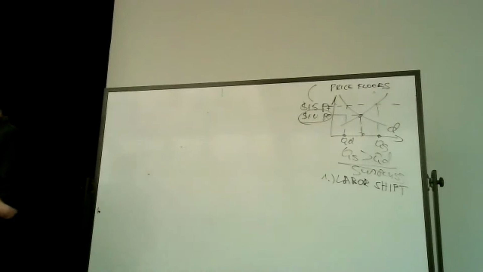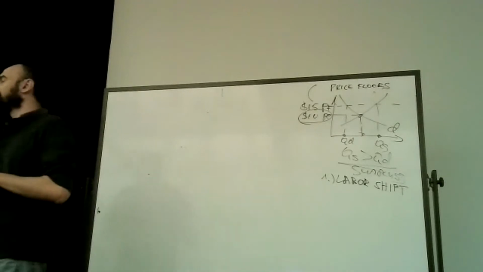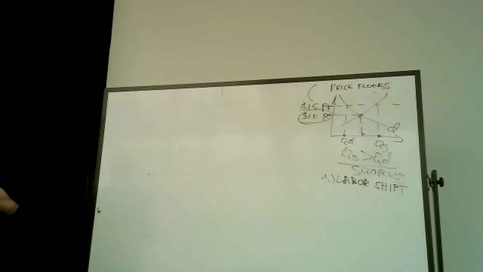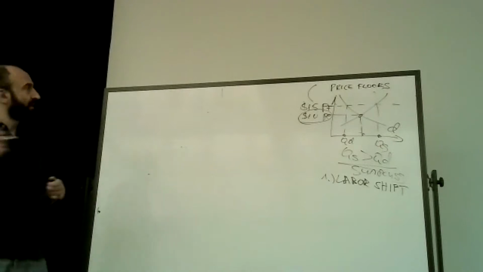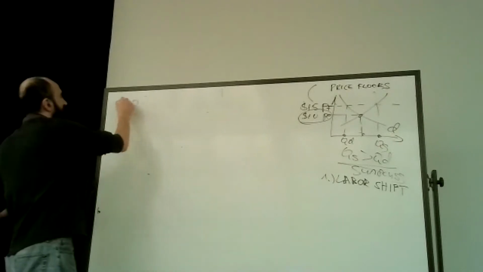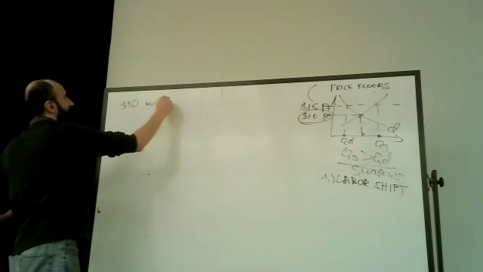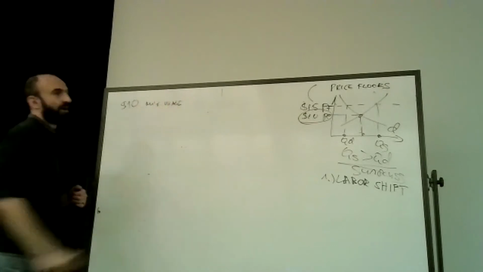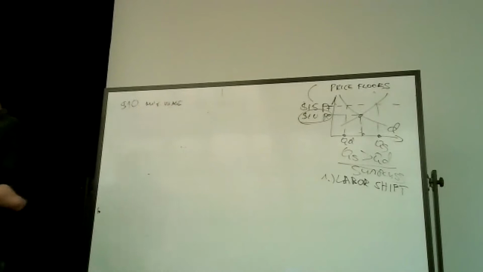The second shift, or the second substitution effect that is going to happen, is substituting technology and machinery for labor. Imagine that at $10 minimum wage, you could have produced the same economic value by replacing a worker with a machine.